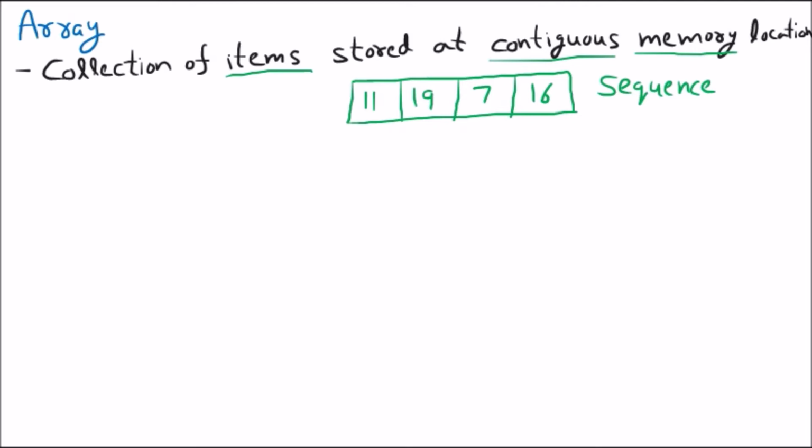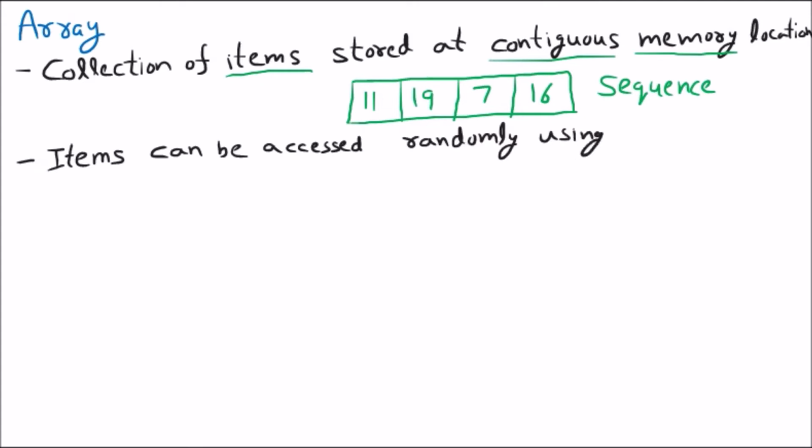Now the next very important thing about the array is that all the items can be accessed randomly using indices. Now all of you please focus that in the very first line we have discussed that array is the collection of items. That means there are multiple items, like we are having 11, then 19, 7 and 16.